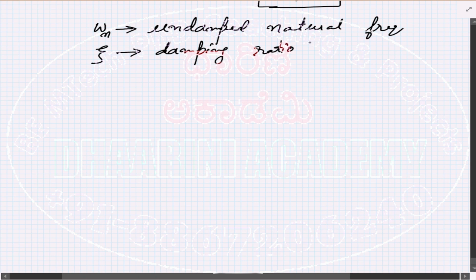So if you remember the first order system, which coefficients define the first order system? Just to check that, if you remember, K and T, right? K is the gain of the system, and T is the time constant.